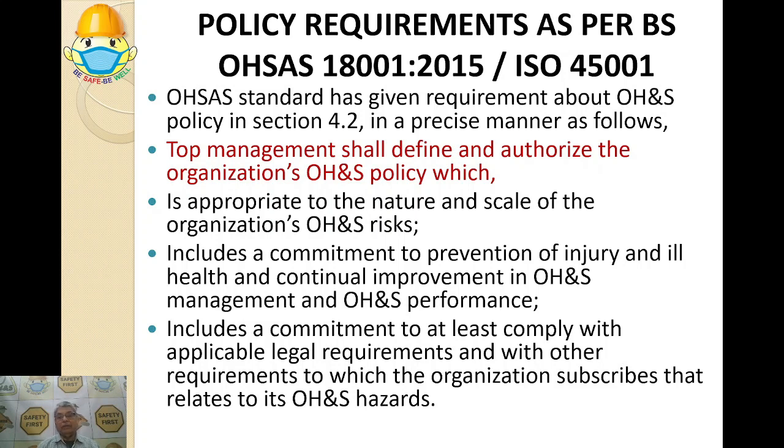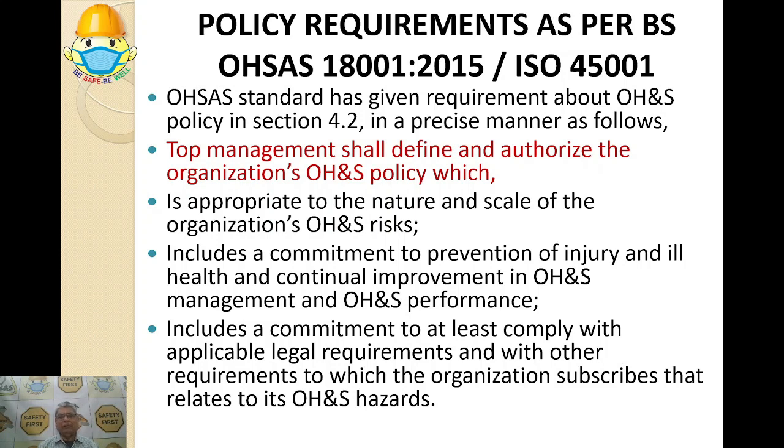It includes a commitment to prevention of injury. Very essentially, that injury has to be prevented, the accidents have to be prevented. So, it's a commitment to prevention of injury and ill health, and there is a commitment to continual improvement in OH and S management and OH and S performance.